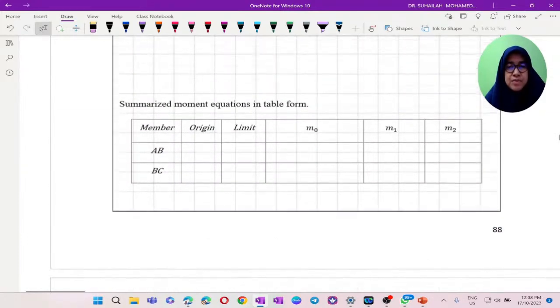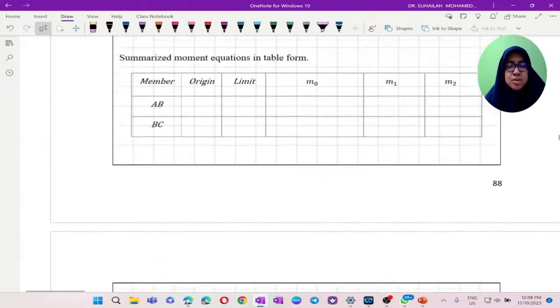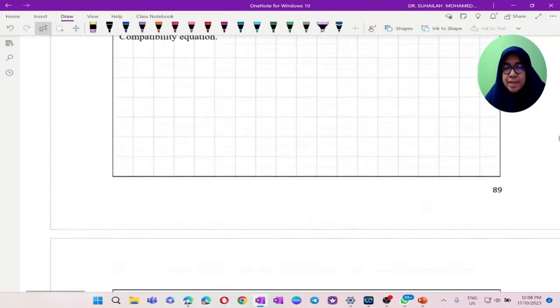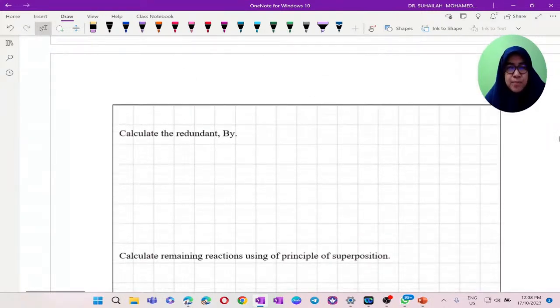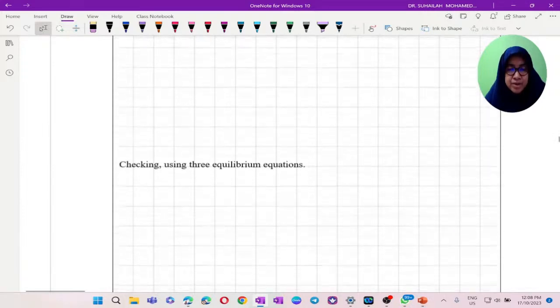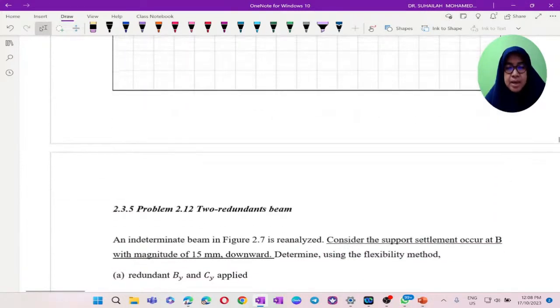The table is also given to you. You just need to define your origin and limit, put the moment equation, and then calculate displacement and write the compatibility equation. Solve for the redundant, and then calculate remaining reaction. Okay, checking.